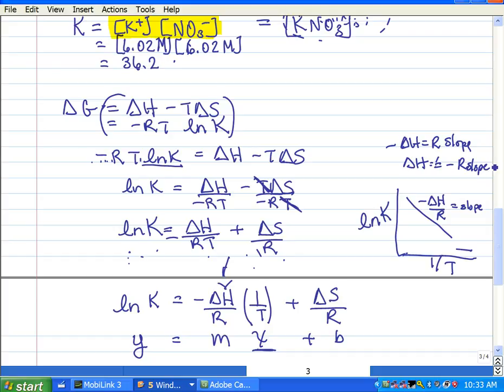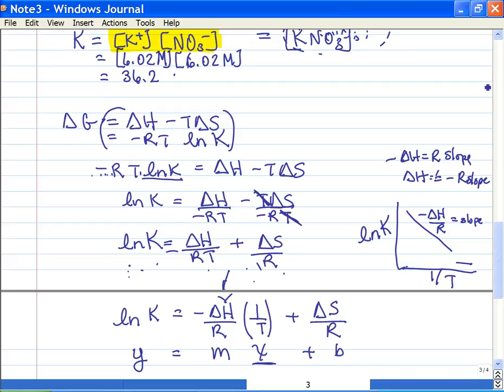So we can use the delta H that we calculate from this slope to plug back in to get our delta G and delta S. Okay, so let's just give it a shot. Y'all ready? Good. All right.